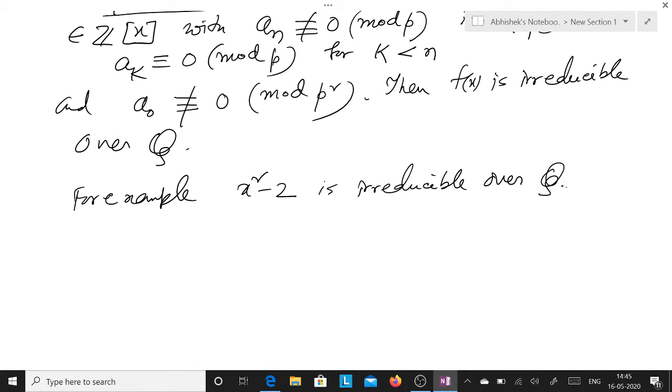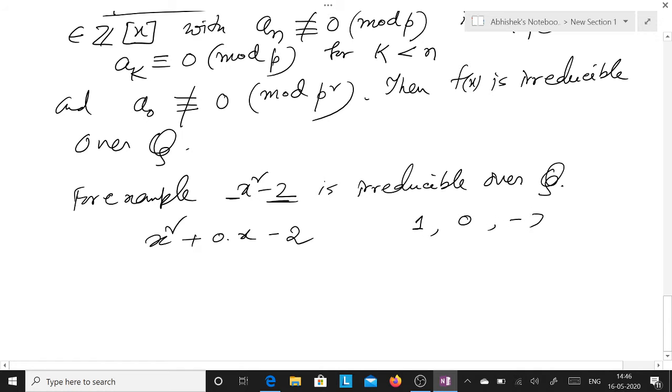And for this reason, we need to carefully check the coefficients of this polynomial. So this polynomial can be represented as x square plus 0x minus 2. So the coefficients are 1, 0, minus 2. 1 is the leading coefficient.